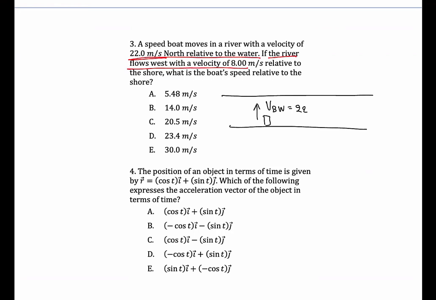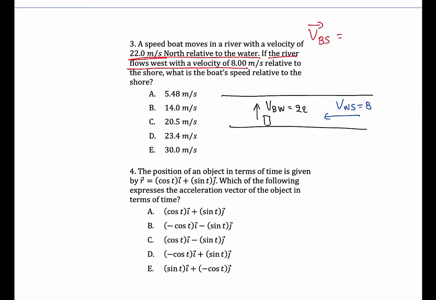Then the river flows west with a speed of 8, so there is the velocity of the water with respect to the shore, with respect to the ground, it is 8 left, and we need to find the velocity of the boat relative to the shore.